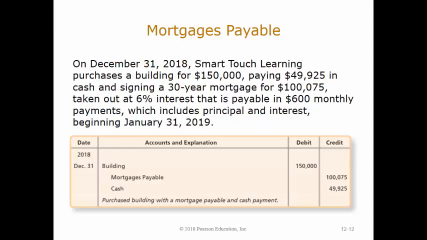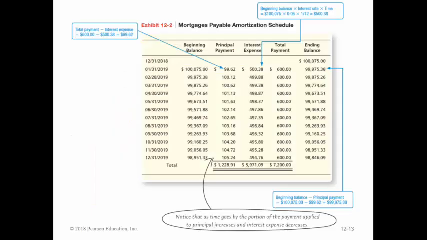Assume that on December 31, 2018, Smart Touch Learning purchases a building for $150,000, paying $49,925 in cash and signing a 30-year mortgage for $100,075, taken out at 6% interest that is payable in $600 monthly payments, which includes principal and interest beginning January 31st, 2019. A partial amortization schedule for 2018 and 19 is shown in Exhibit 12.2.